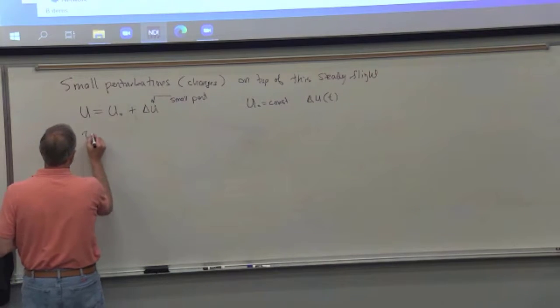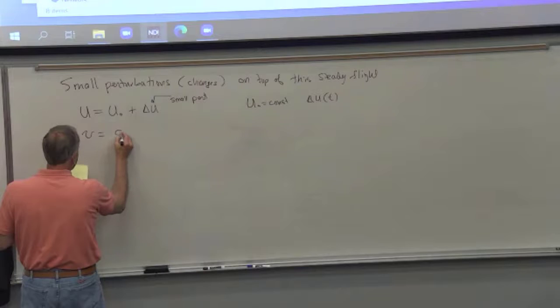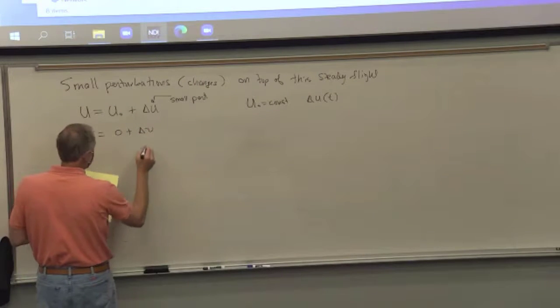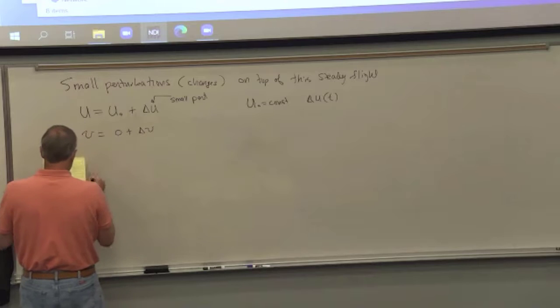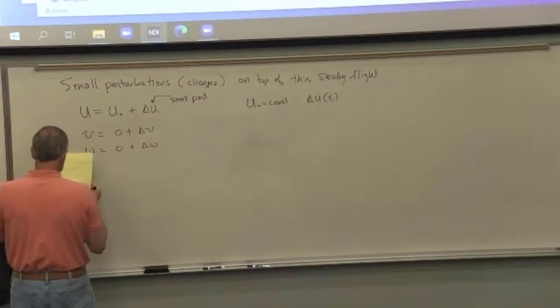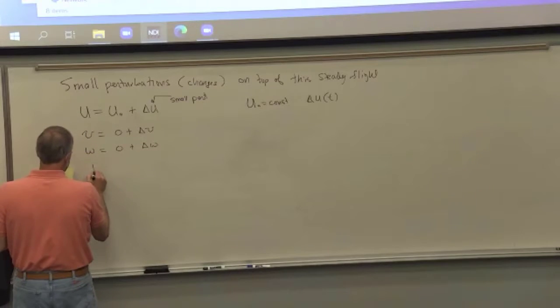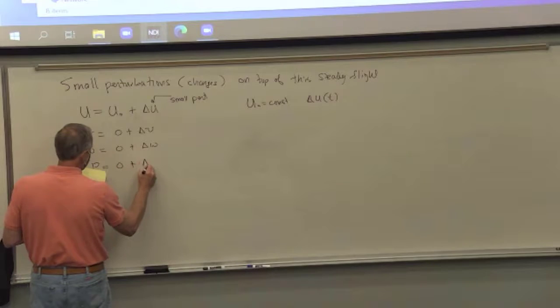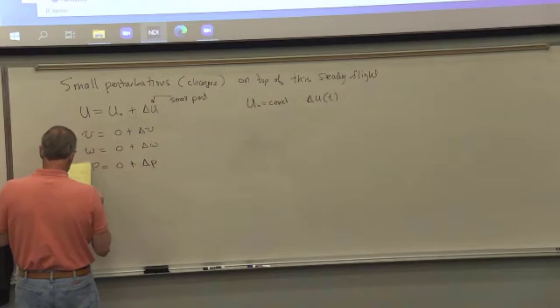Okay, so then V, the total side velocity, starts out at 0, but we can have a change in that. Same thing with downward velocity, which would give us a change in angle of attack. For all the variables, we do this. We start out with the steady state part, and then we add on a small part.